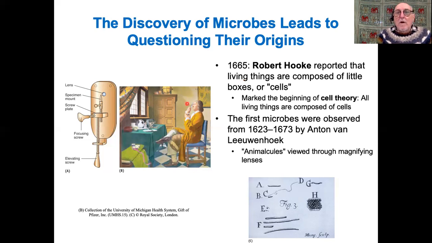Now, one of the most important strides was made by this gentleman here. This is Anton van Leeuwenhoek, who is a Dutchman. And he was a merchant, quite a wealthy chap, who was absolutely obsessed with manufacturing lenses. And he had the ability to make a very, very small, almost spherical lens with a very high magnification.